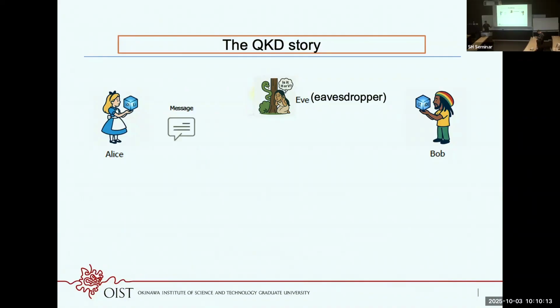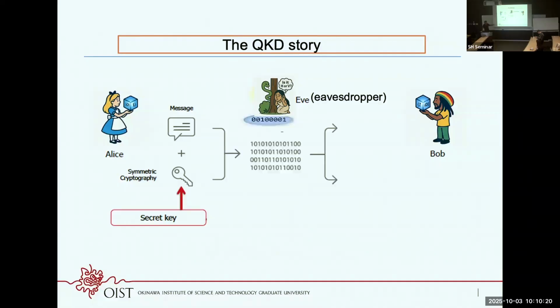So Alice wants to send a message to Bob, and she uses a secret key to encode her message, which is basically a string of bits. This encrypted message is sent to Bob, and Bob uses exactly the same key to decode the message.